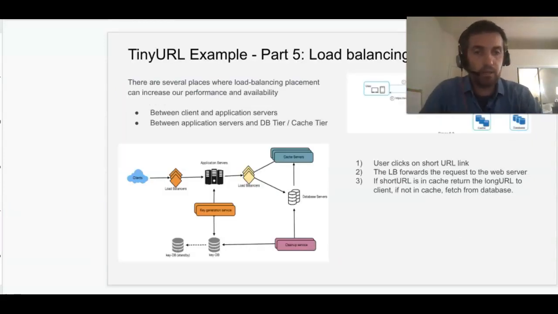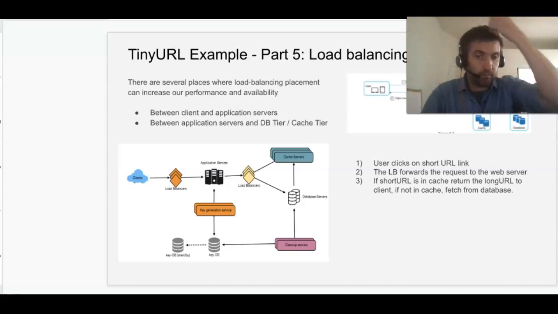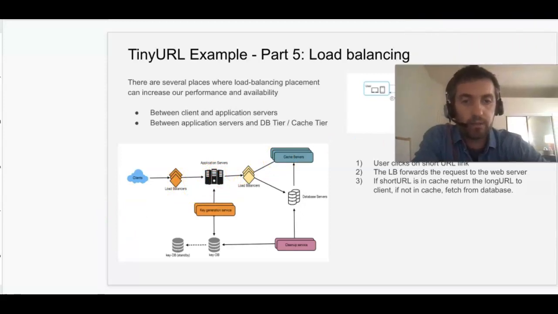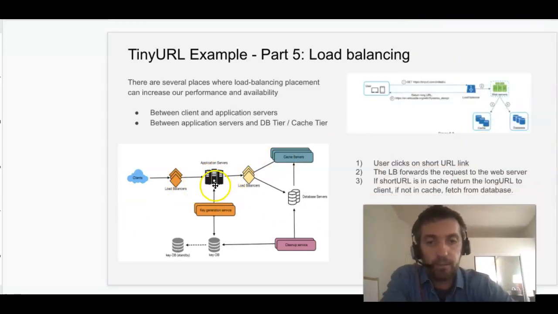And again, this is going to be our general design. So this is the load balancer, the web servers here on this side, in the middle. And then you have this key generation service that we talked about. So whenever we have a request for a short URL, we are able to query this key generation service for the new key.